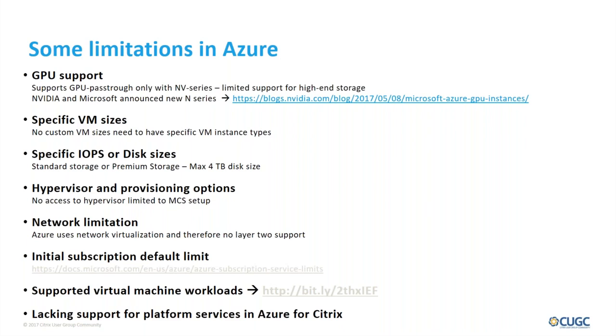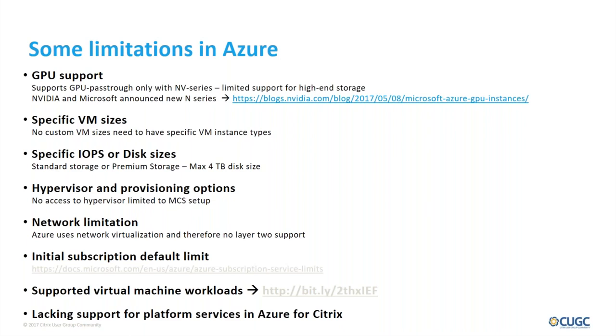It's quite heavily spec'd in terms of CPU and memory, but it has some limits when it comes to high-end storage. An NV series virtual machine only has support for 500 IOPS per data disk. Microsoft and NVIDIA have announced a new instance series coming later this year or in 2018, which will fix this with higher and faster storage.